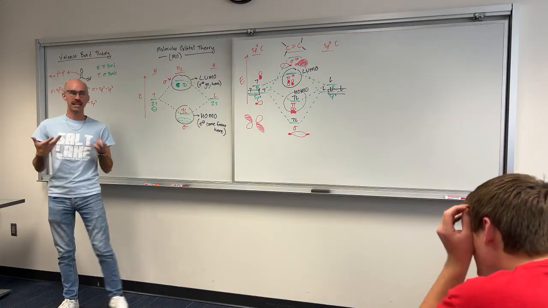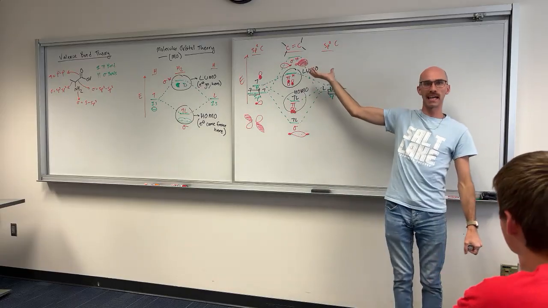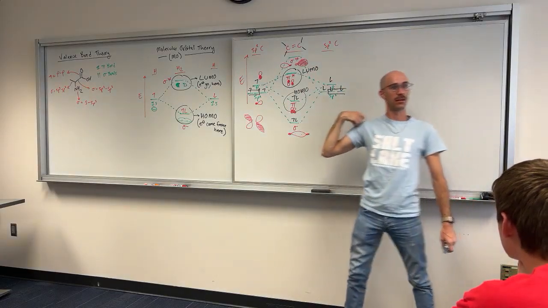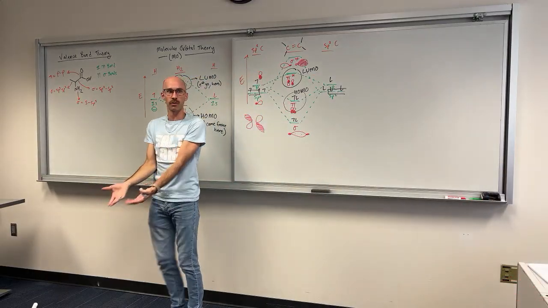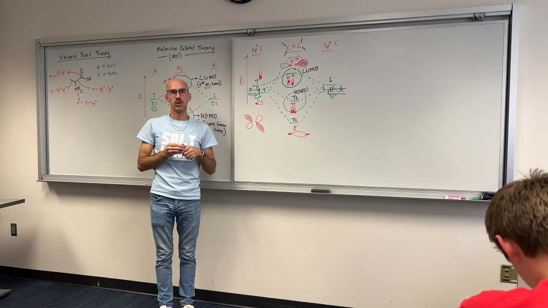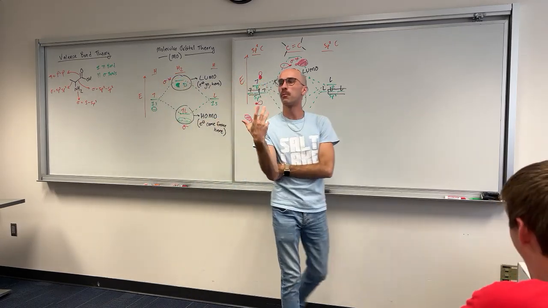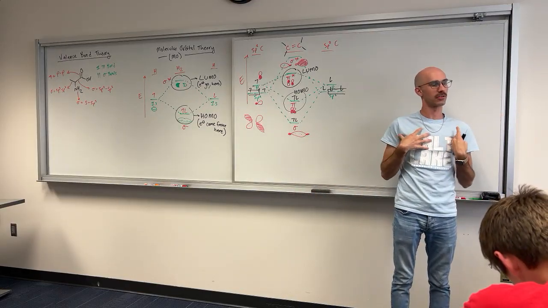Now remember, if another chemical species interacts with my alkene and has high energy electrons to donate, it wants to donate them to the lowest energy orbital. We always fill from lowest energy up. So which bond, sigma or pi, would break first if this species accepted new electrons?